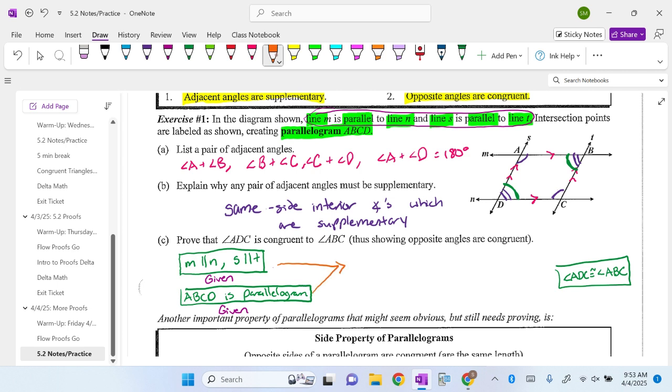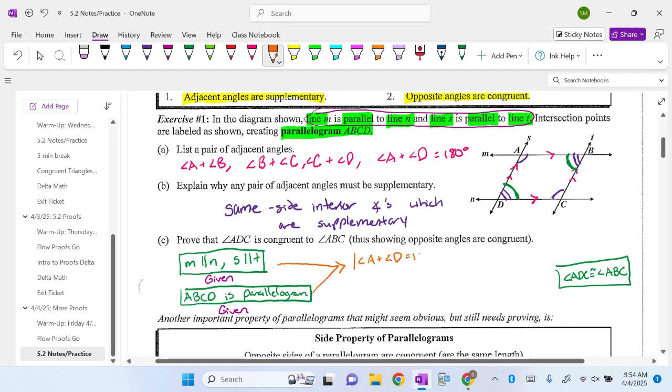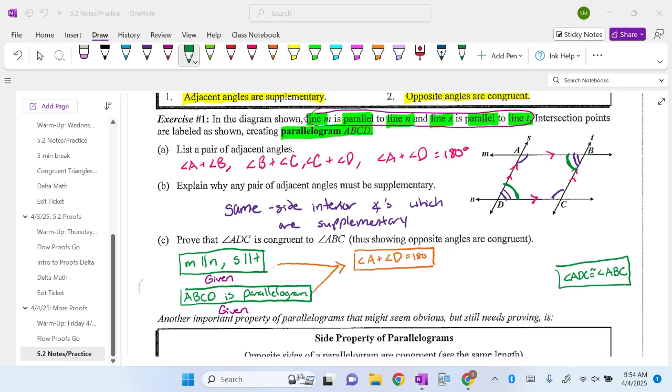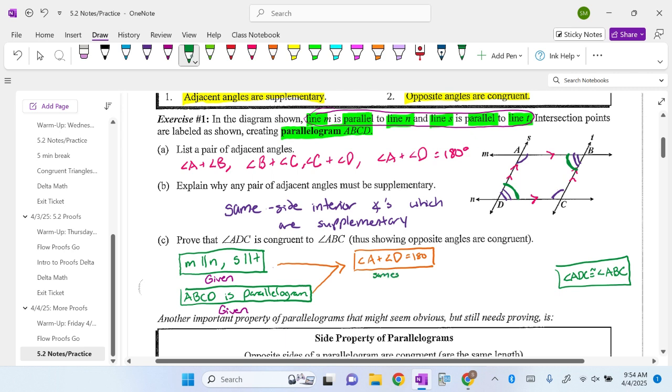All right. Let's say that angle A plus angle D equals 180. The reason for that is same side interior.